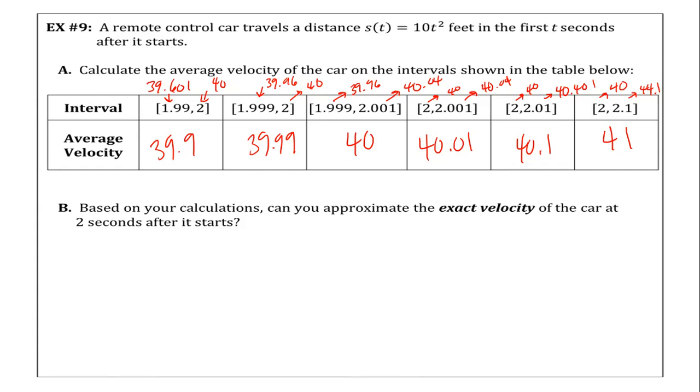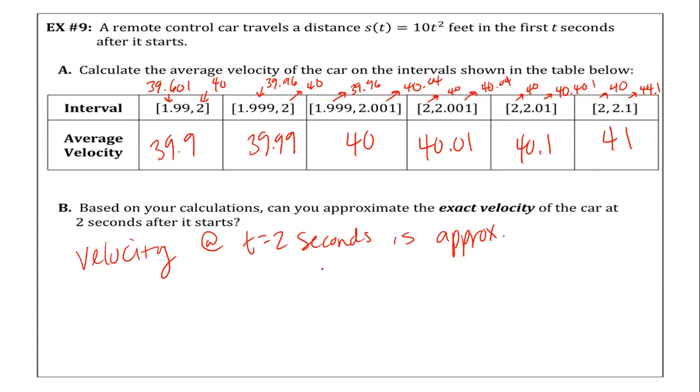What is it approaching? 40. So what is the exact velocity at 2 seconds? 40, right? So the velocity at t equals 2 seconds is approximately 40 feet per second.